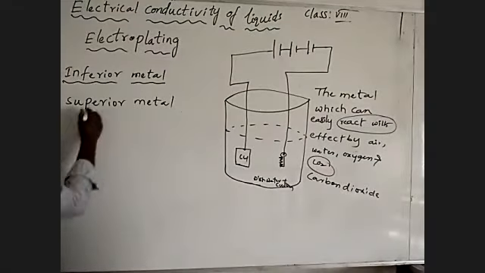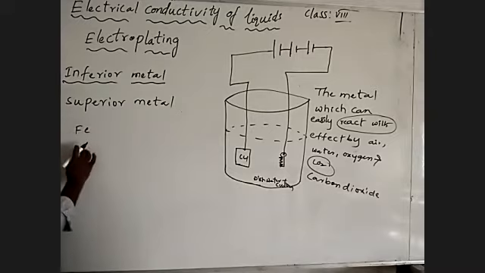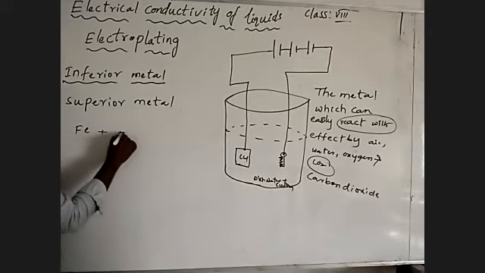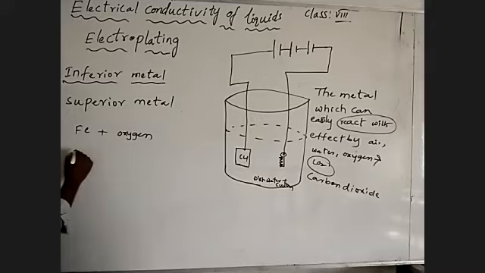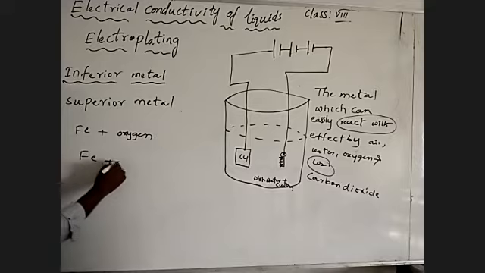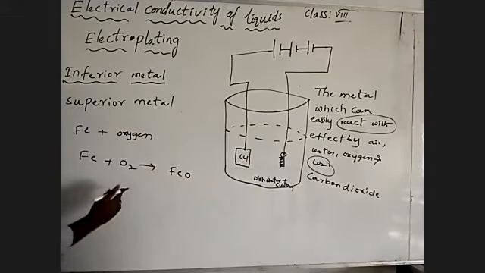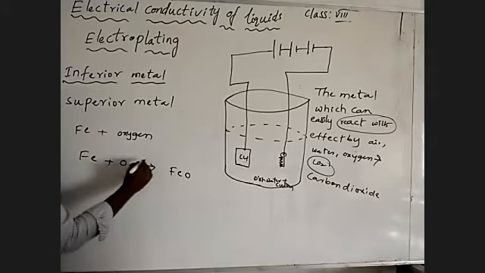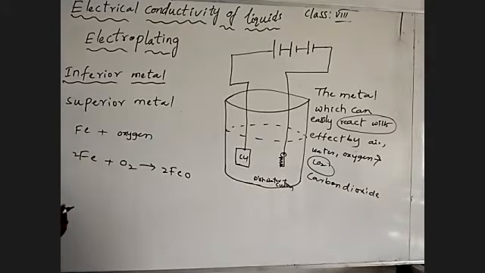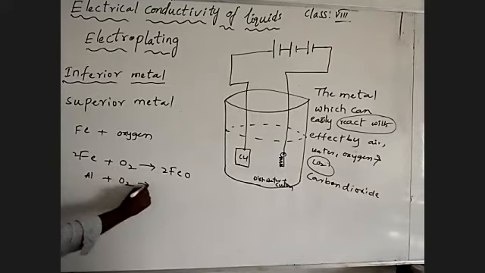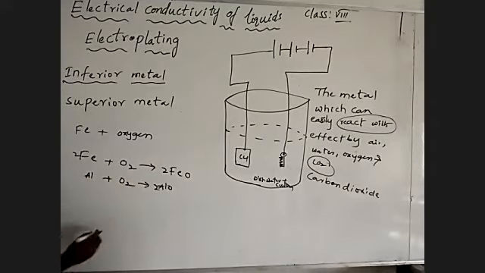Suppose iron, ferrum. Iron reacts with oxygen, and it forms iron oxide. By balancing those we can write it. One more: aluminum reacts with oxygen, it forms aluminum oxide.